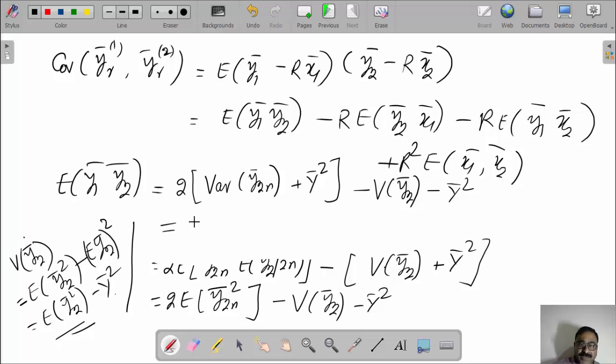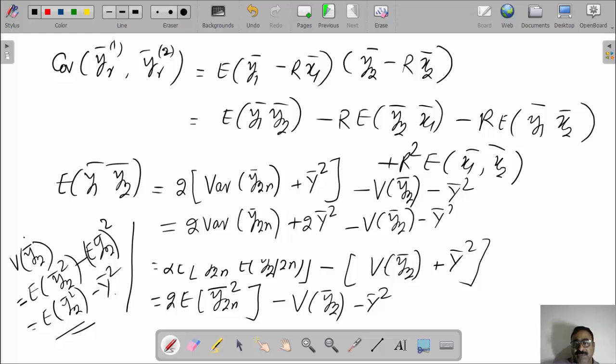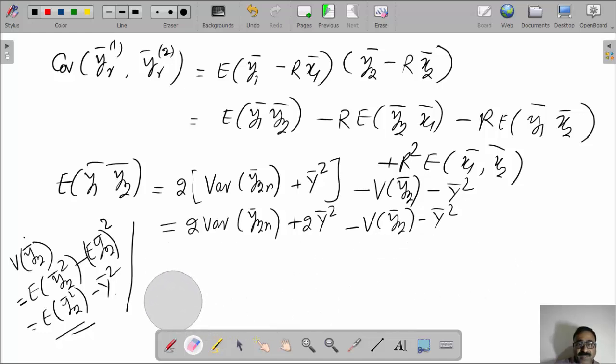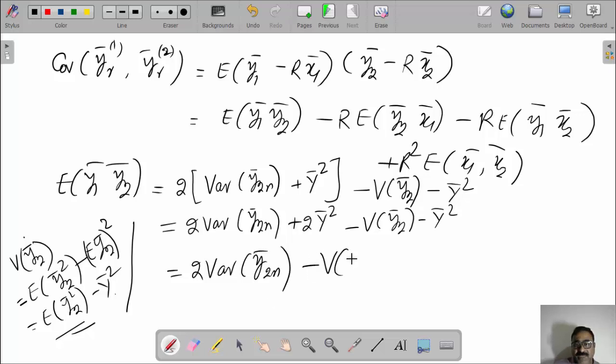So this will be 2 variance of y2n bar plus 2 y bar square minus variance of y2 bar minus y bar square. So this will be now equal to 2 variance of y2n bar minus variance of y2 bar plus y bar square.